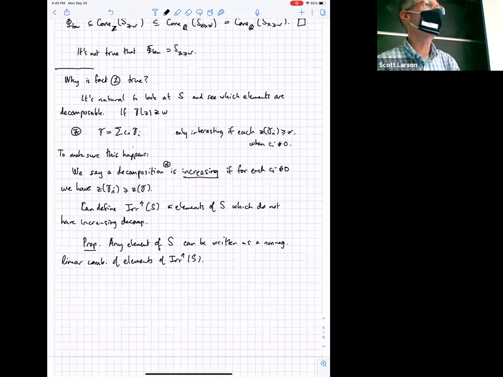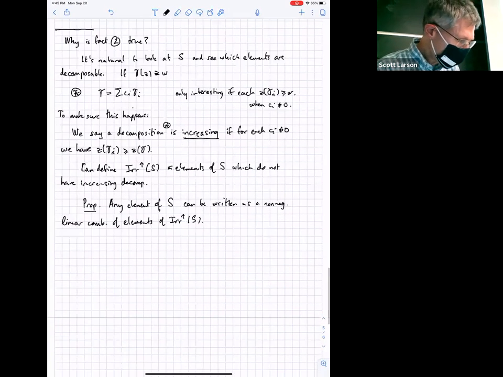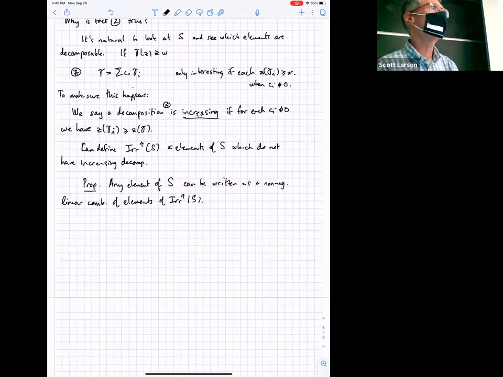Now this seems like it should be totally trivial, but it's not quite as trivial as you might think, because first of all, the sets S might be a little complicated. They are just some inversion sets of Weyl groups, and you're allowing yourself to decompose things with rational coefficients.